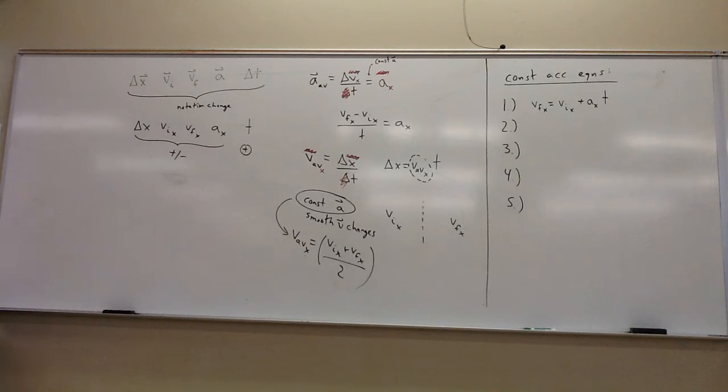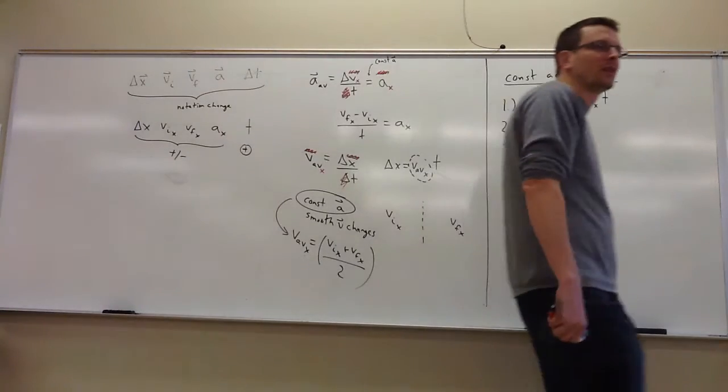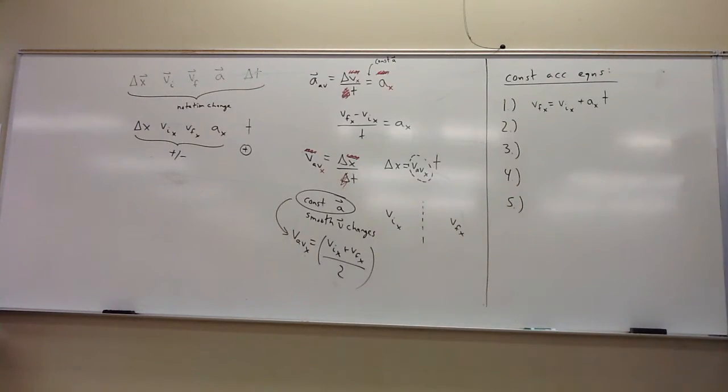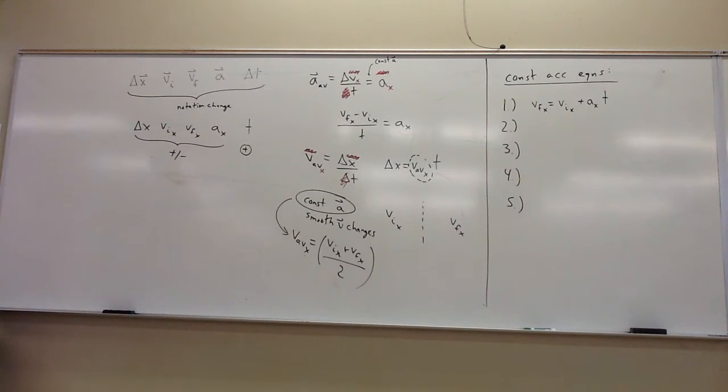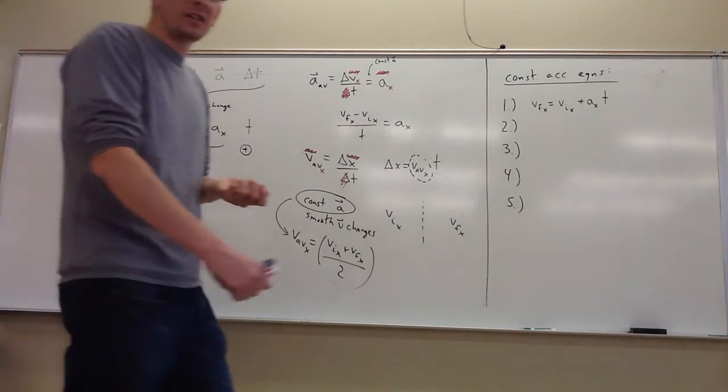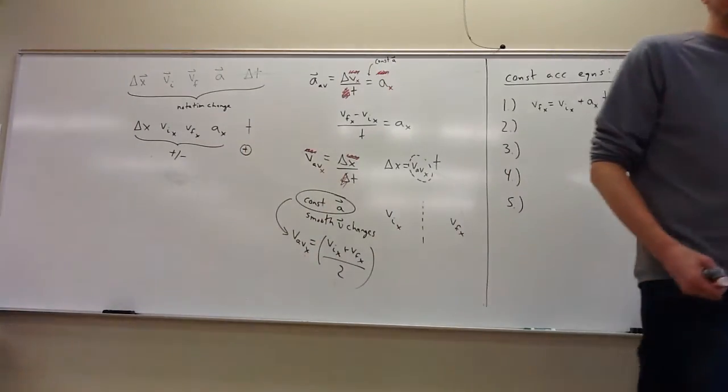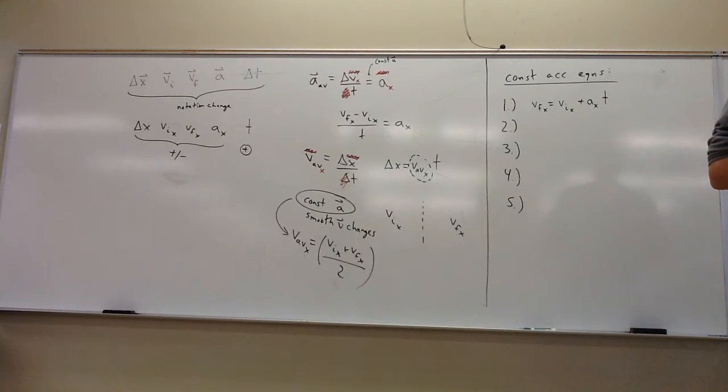That does not always work, okay? That works because we have constant acceleration. There's lots of different ways to connect one initial velocity to another final velocity. You could spend most of the time near v initial, and the average would be thrown heavily towards v initial. You could spend most of your time near v final, and the average would be thrown heavily towards that.